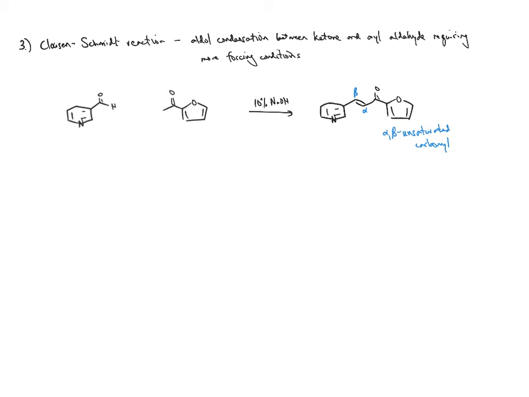All right, so how does this work? Well, we probably need to go through the intermediacy of an aldol reaction product. And so let's take our sodium hydroxide and let's deprotonate the only spot that we can deprotonate, which is the alpha proton from this ketone. And so we're going to remove that proton to generate an enolate. That enolate is then going to react with our 3-pyridyl aldehyde, and it's only going to react at the more electrophilic aldehyde carbon.